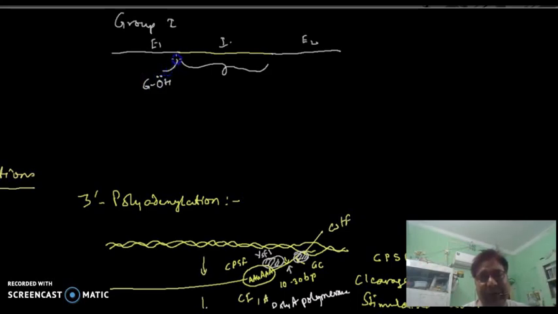This is the 5' and 3' end of the exon, this is the 5' end of the intron, this is the 3' end of the intron, this is the 5' end of the second exon, this is the 3' end of the second exon. So this GOH, a guanine hydroxyl group, makes a nucleophilic attack on the 5' splice site, and it breaks the RNA over there like this.